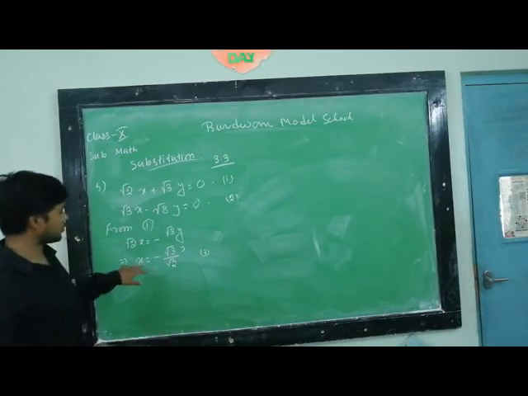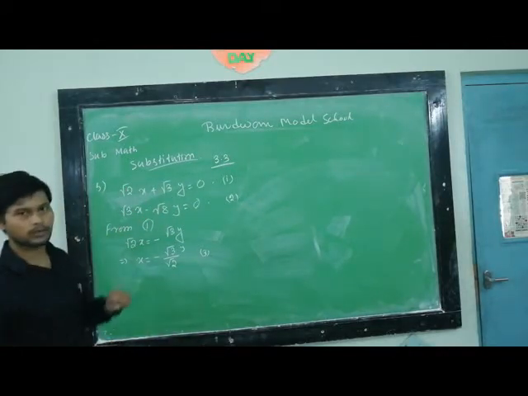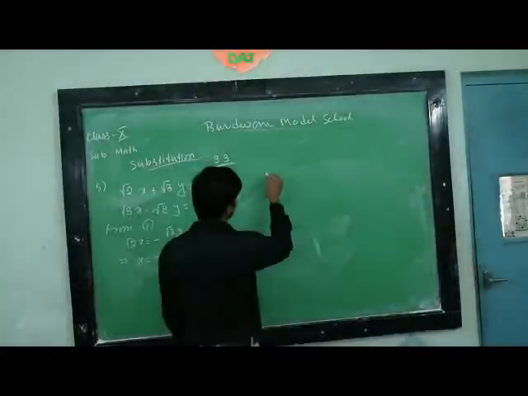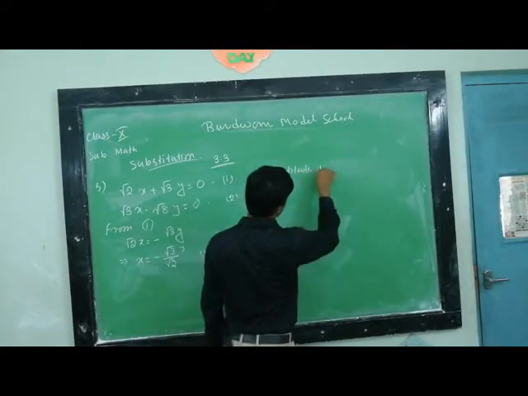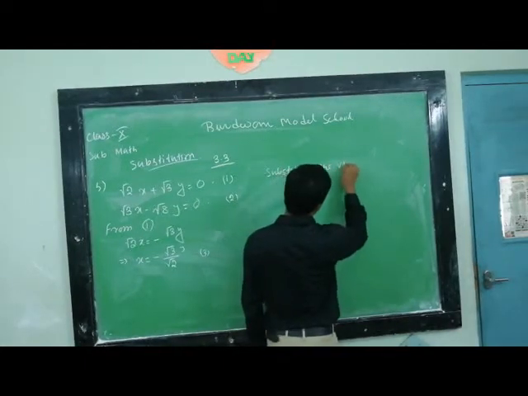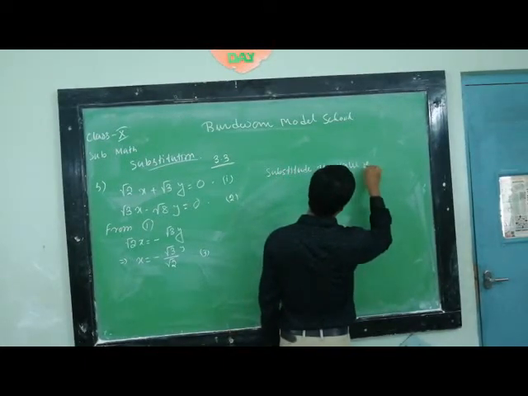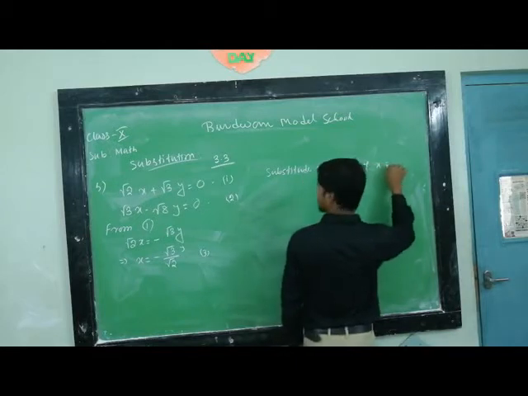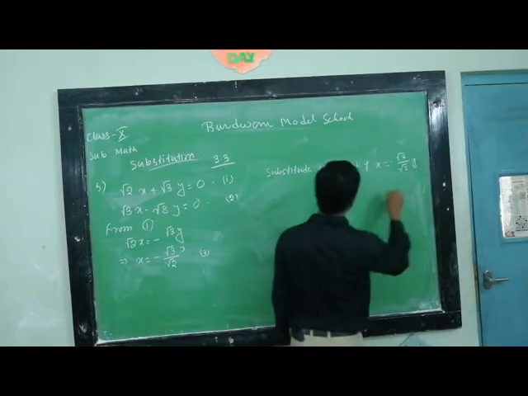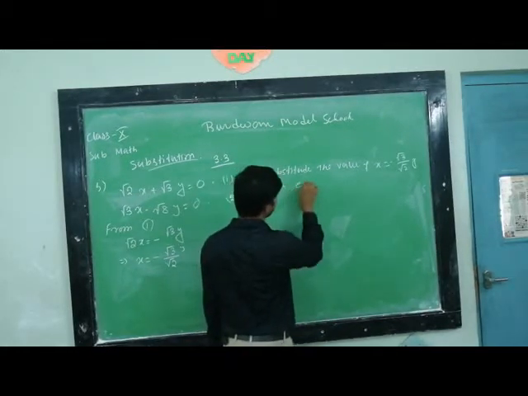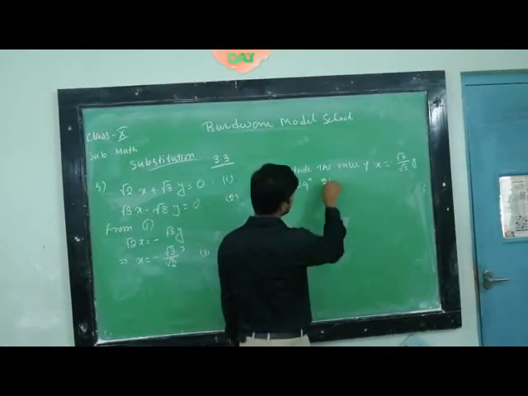Now substitute the value of x in equation number 2. We substitute the value of x, which is minus root 3 by root 2 y, in equation number 2.